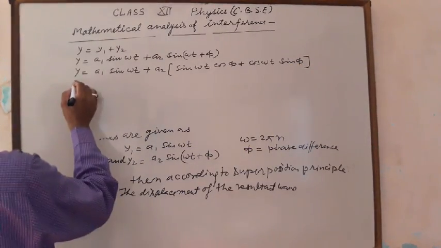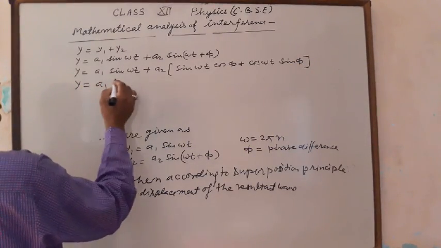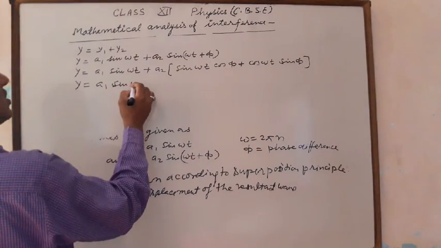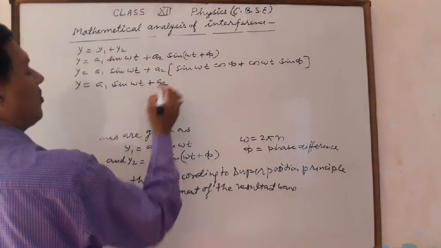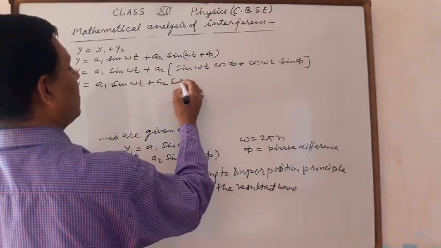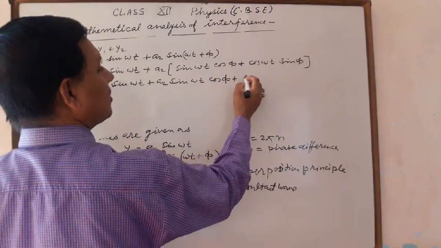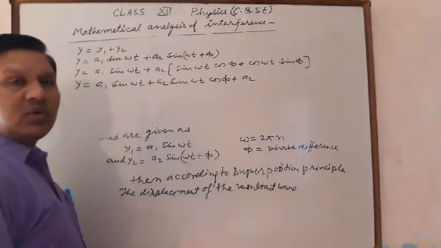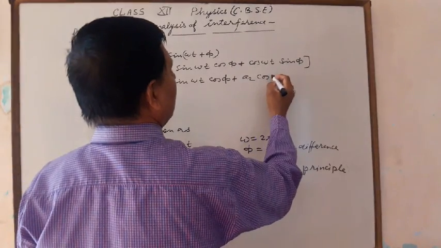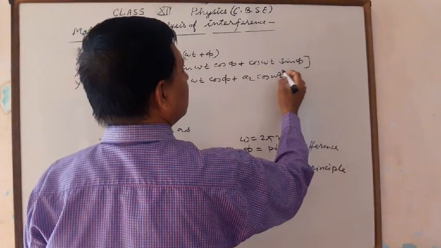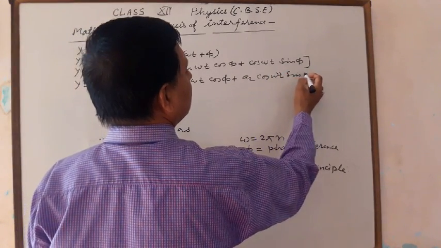So y is equal to a1 sin omega t plus a2 sin omega t cos phi plus a2 cos omega t sin phi.